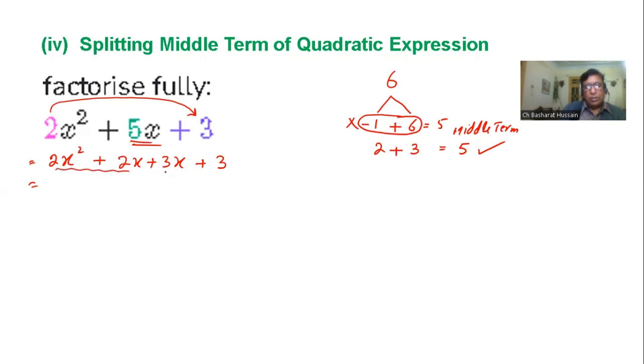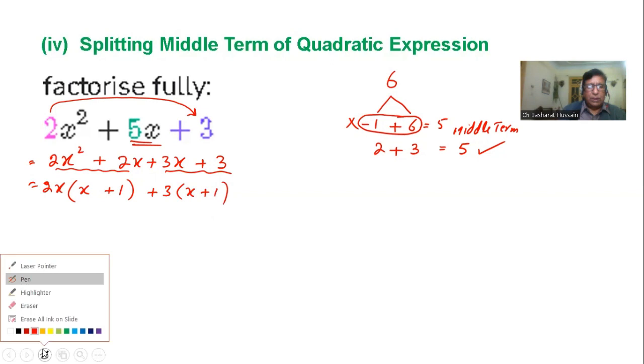So this is a pair of 2, here 2x is common. Take it out, 2x common. What is left? x, and what is left over here? 1. Now we take out common 3 from the next two terms, that is 3x plus 3, so here x plus 1.